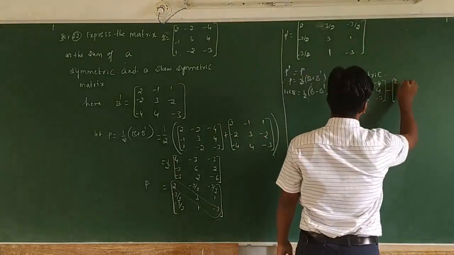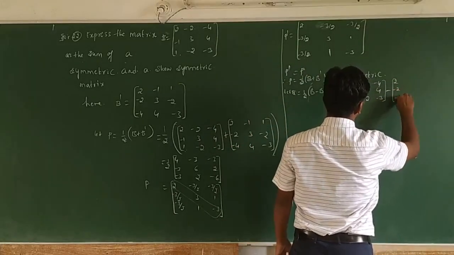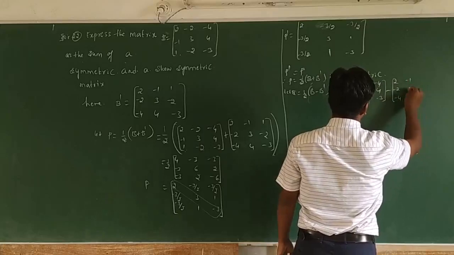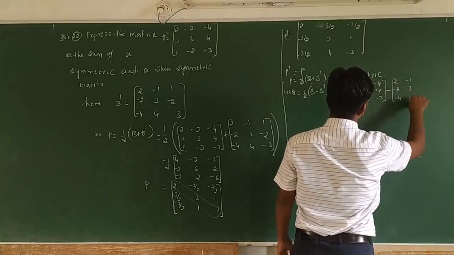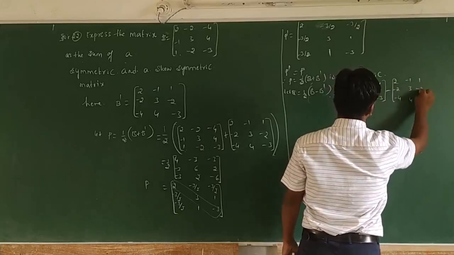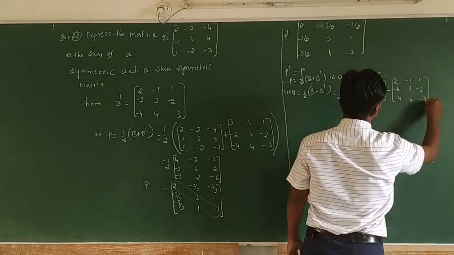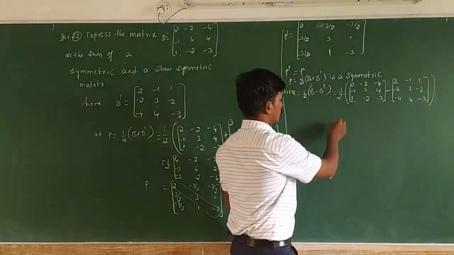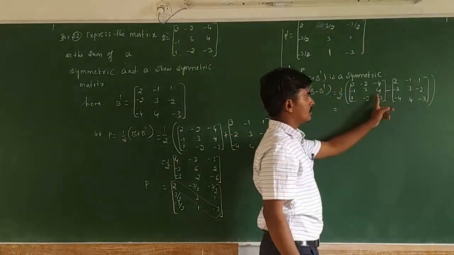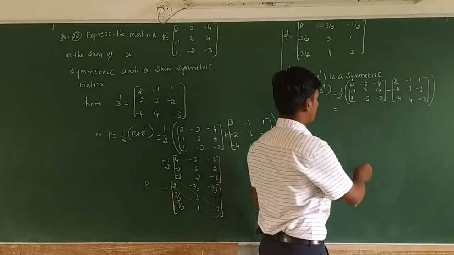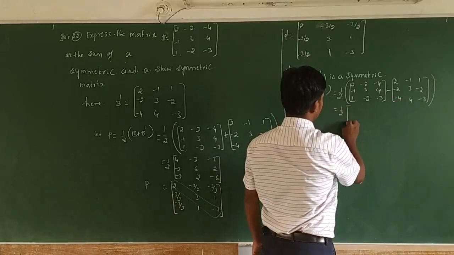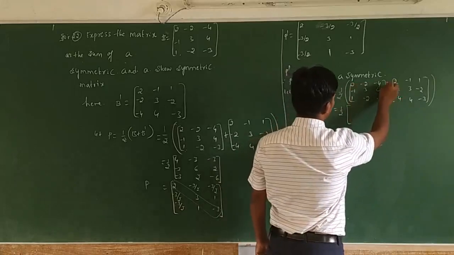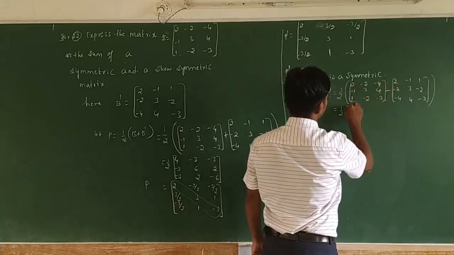So it is 2, -2, -4. Here it is -1, 3, 4, then 1, -2, -3. Right? So which is equal to, again I am differencing these two matrices. Orders are the same, so again the difference of these two matrices is possible. 2 minus 2 is 0.